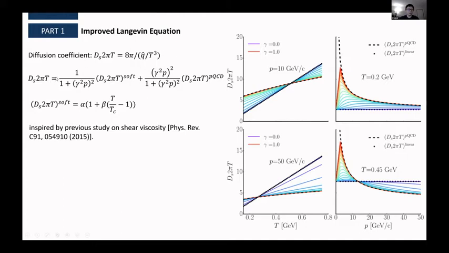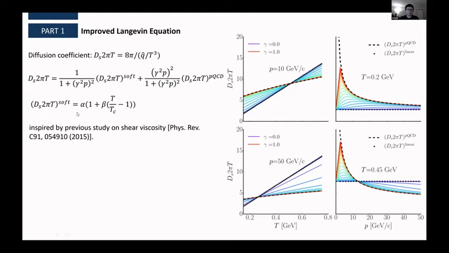In our study, we assume that this Ds 2 pi T is a linear combination of two terms. One term is this perturbative QCD term, and the other one is this soft or non-perturbative term.